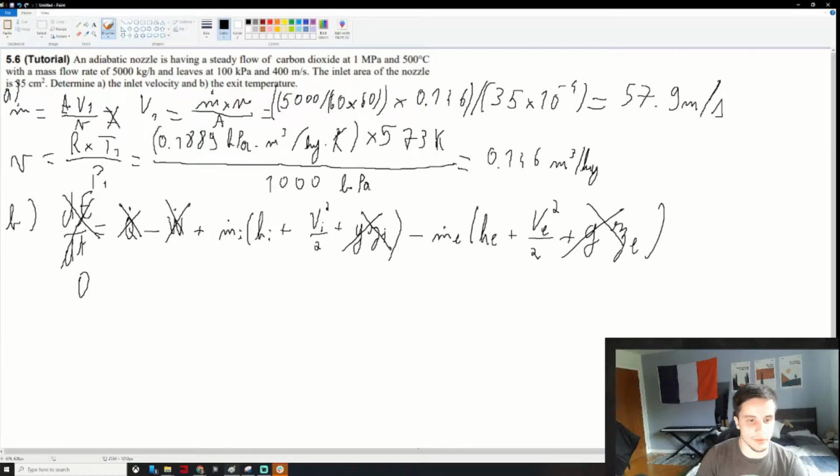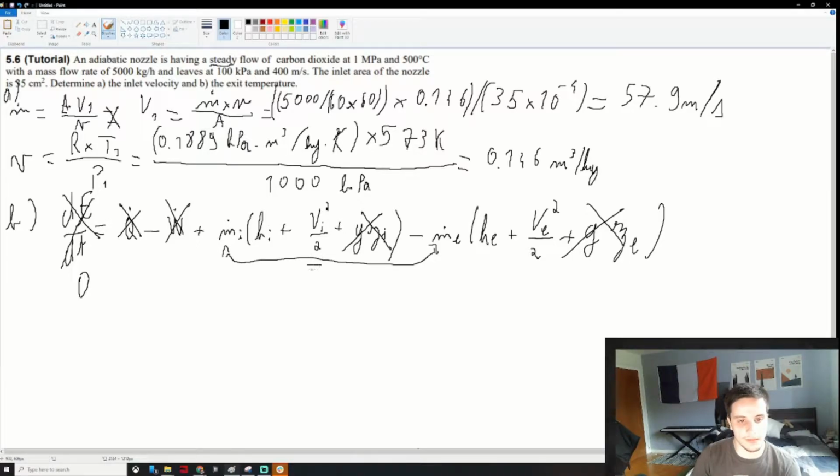Actually, and also another note, the mass flow rate at the inlet is equal to the mass flow rate at the exit. Here it says in the exercise that we have steady flow, and just like we saw before with the steady flow rate definition, it means that the mass flow rate at the inlet is equal to the mass flow rate at the exit.